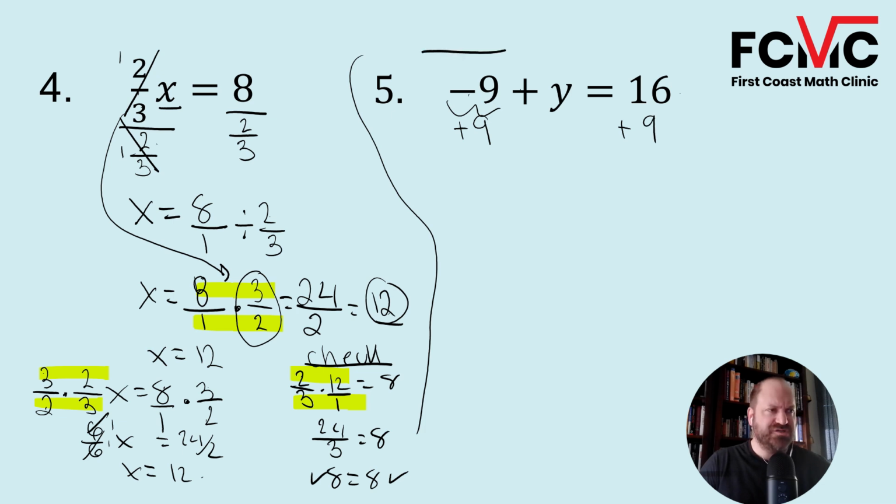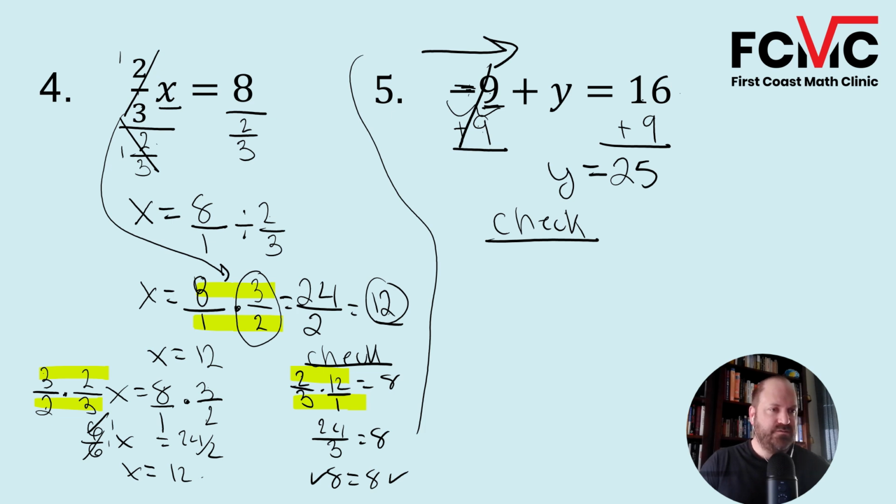Remember, we read our equations left to right. So I want to look at the left side of this value for its sign. The left side has a minus sign. It's -9, so we're going to add to both sides. -9 plus 9 is 0, so I'm left with y equals, and then 16 plus 9 is 25. Let's do our check.